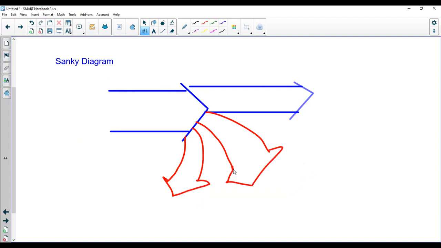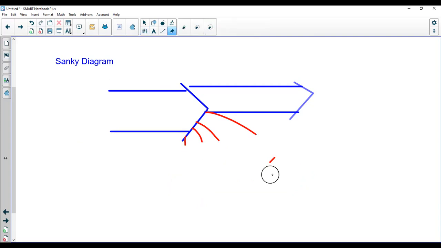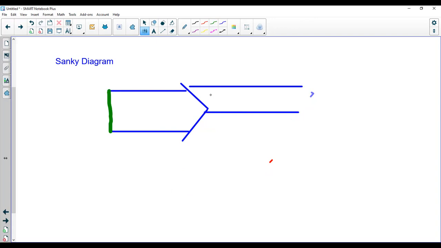Not all the time, but sometimes they pay attention to some values. Say that if this value is 100%, you can see that I have almost taken 55% from here, right? It's more than half.